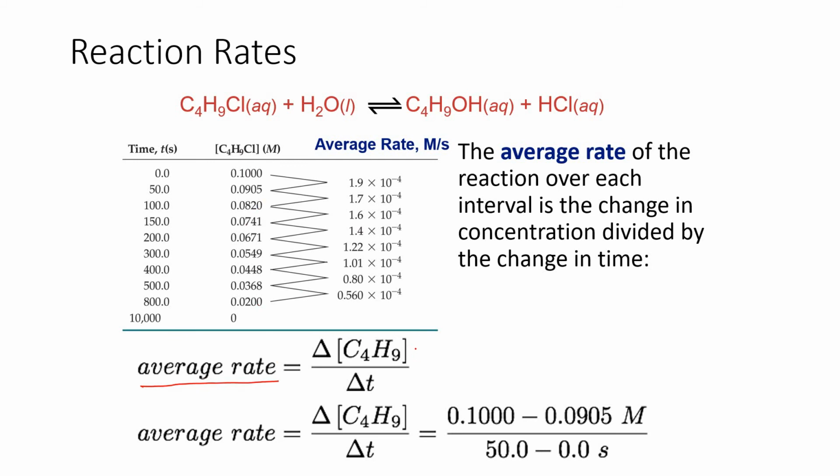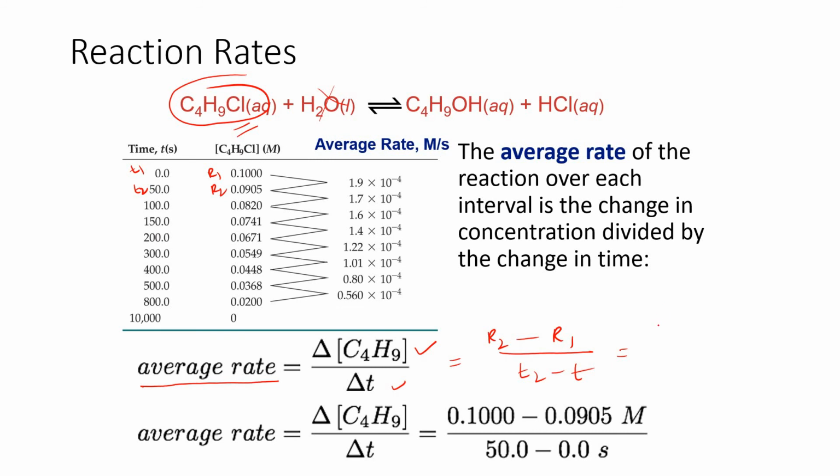Change in concentration of reactant divided by change in time. This is the reactant. This is the water, no need to take. So I've taken the change in concentration of C4H9 divided by delta T. Now what is the formula? It will be R2 minus R1 by T2 minus T1. This is R2, this one is R1, this is T2, this one is T1.